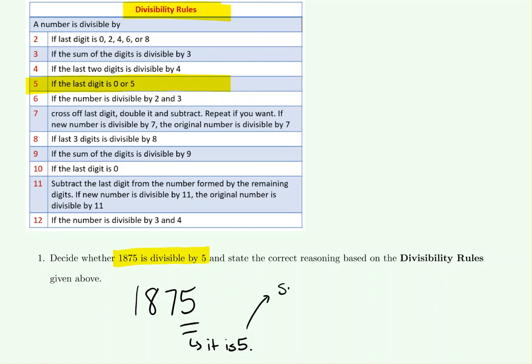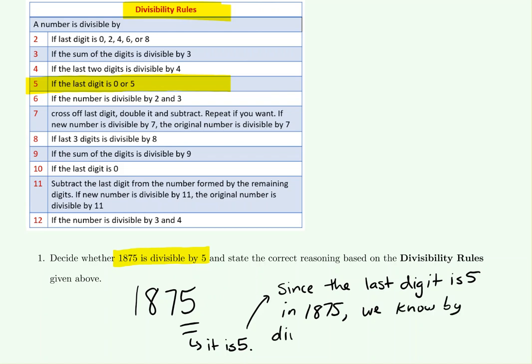Since the last digit is 5 in 1875, we know by divisibility rules that 1875 is divisible by 5.